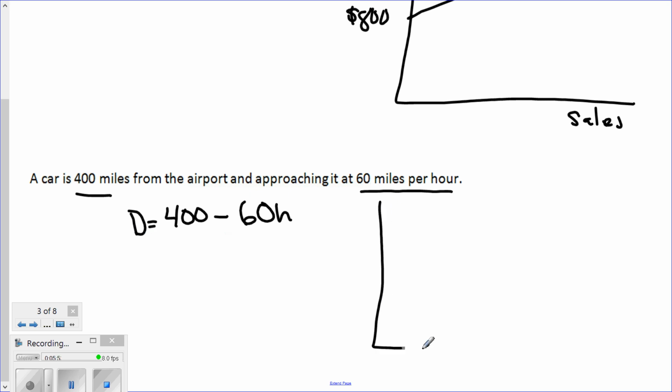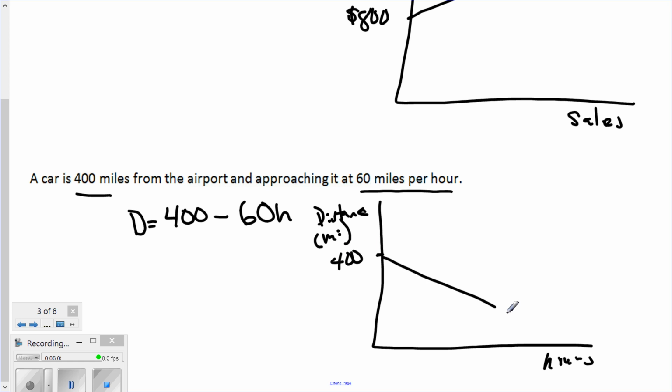Then graphically, we'd be looking at the number of hours and the distance, in miles, starting off at 400 miles and then decreasing as the car approaches the airport. Got a little more legible here. Not much. Okay.